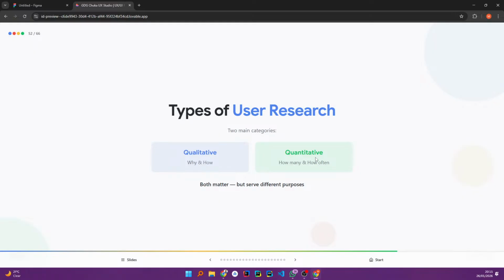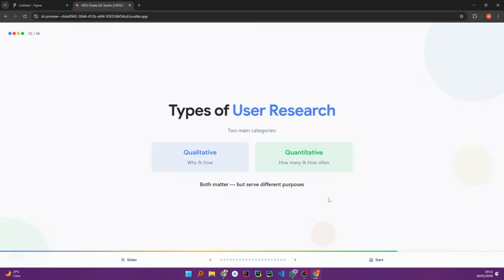So now we have two categories of user research. We have the qualitative and the quantitative. The qualitative one usually focuses on why, to understand people's feelings, thoughts, and frustrations, and it usually talks about the aspects of why and how, basically.